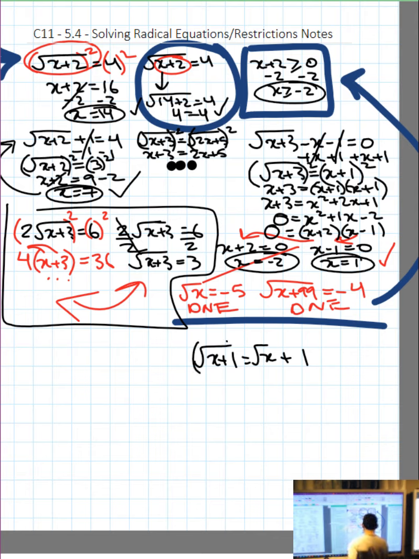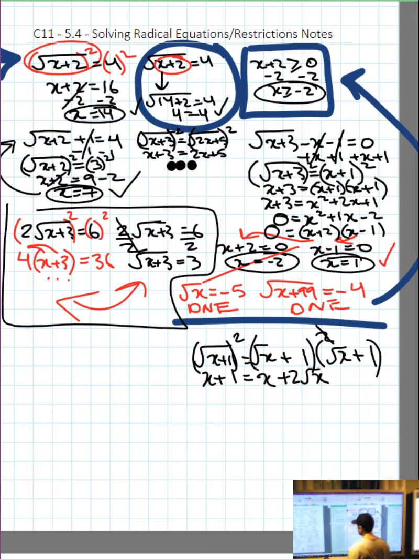So we can square both sides. On the left-hand side, root x plus 1 squared is just x plus 1. But on the right-hand side, squared means we have to square it and multiply by the identical term. So we can FOIL it. Root x times root x is just x. Then we have 1 root x and 1 root x, so it's plus 2 root x. Look at the notes for each of the individual steps. And then 1 times 1 is plus 1.